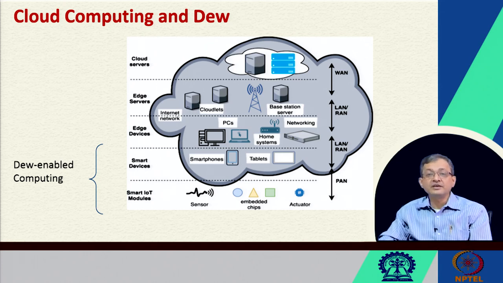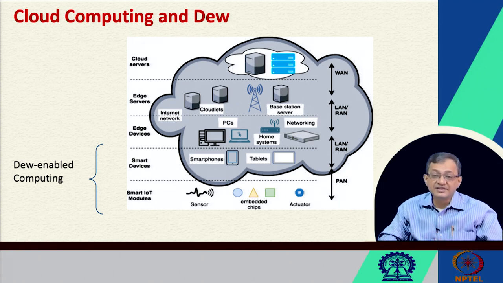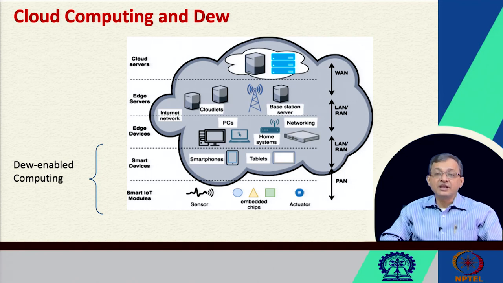So, it facilitates end users with continuous service provisioning, right, that is important: it provides the services even if the connectivity is not there. On the other hand, whenever the connectivity is there, it allows syncing with the cloud infrastructure.